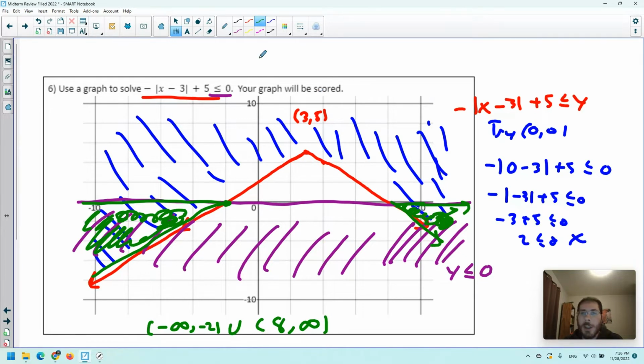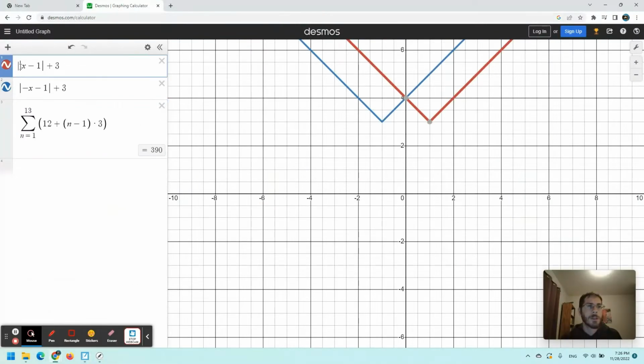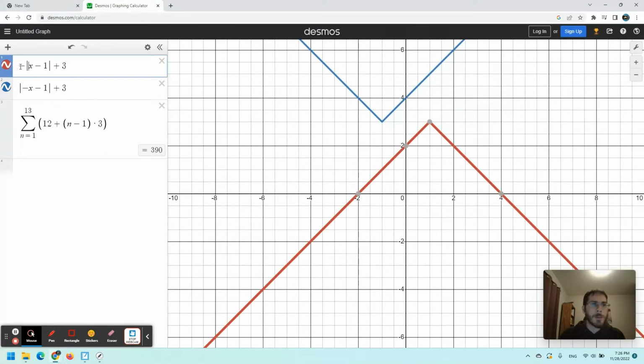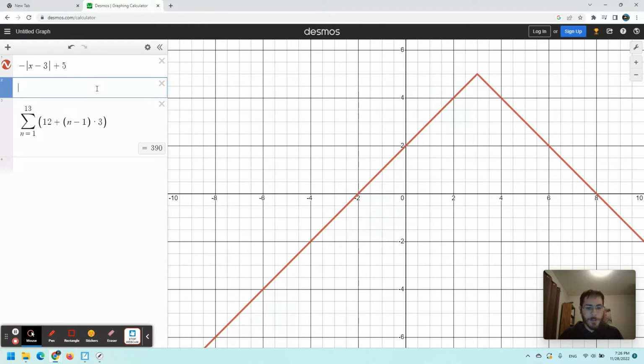And if you want to double check that with a graph, you can double check that with Desmos. All right, let's put it in. Let's see what it looks like. Negative the value of x minus 3 is 5. I had 0. It's less than or equal to 0.